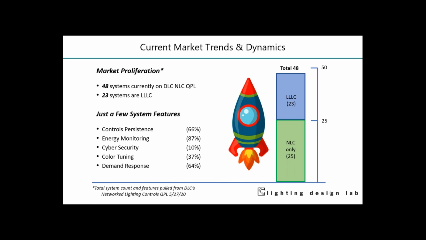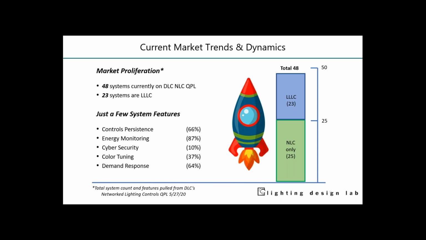They exist. 23, nearly half of those systems, are the luminaire level lighting variety. I'm going to hit briefly on a couple of these features. The percentages that you're seeing are how many systems on the list have this feature, okay? And as I talk about these, it'll become clear why it's important.